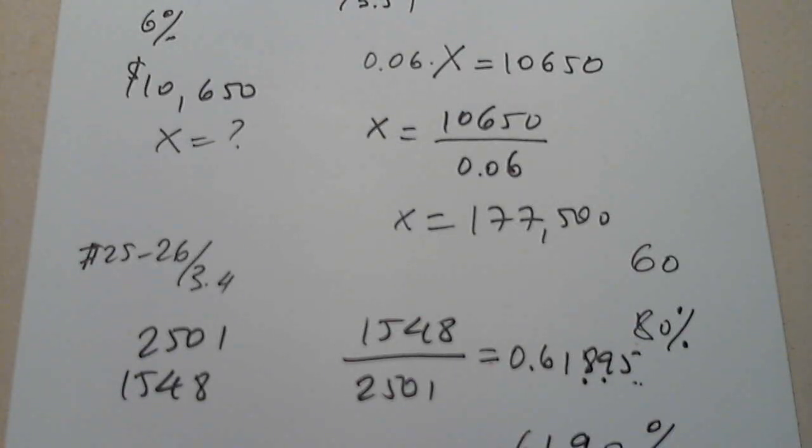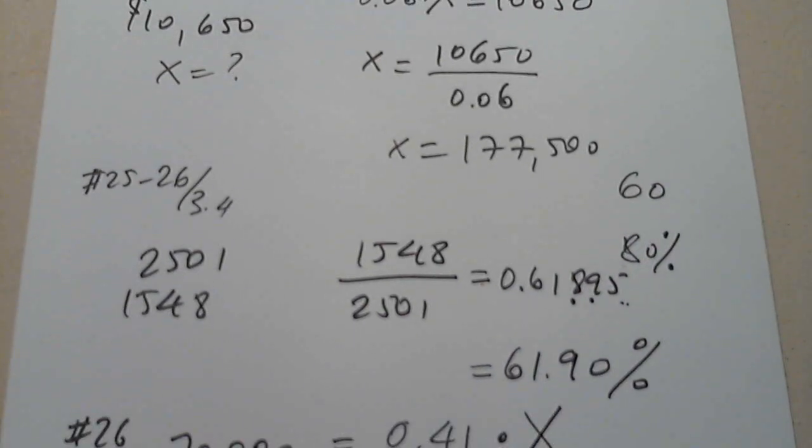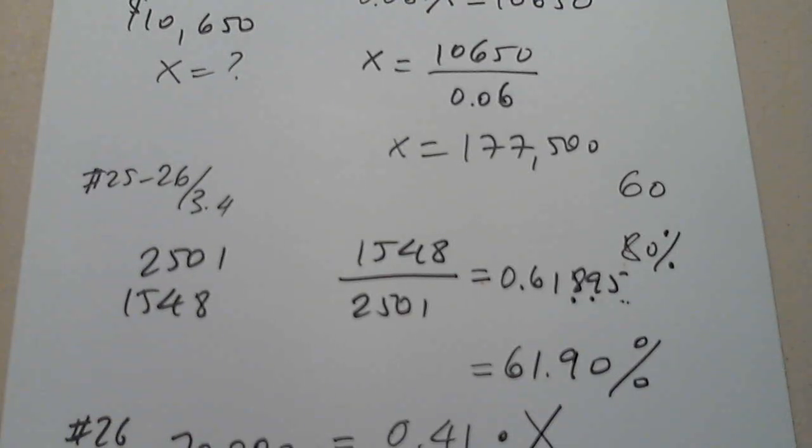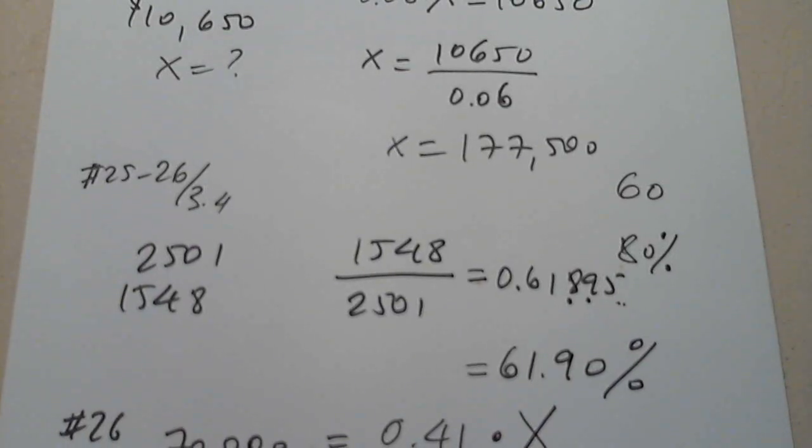Is this okay so far? Yes, this is actually the one that I was looking for. Perfect. So then x equals 70,000 divided by 0.41. We divide a big number by a tiny number, so the answer has to be big. Of course, bigger than 70,000.